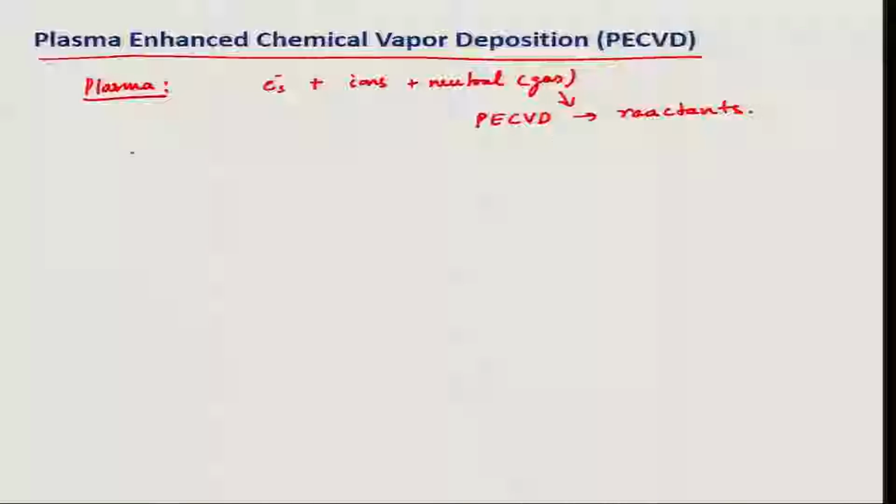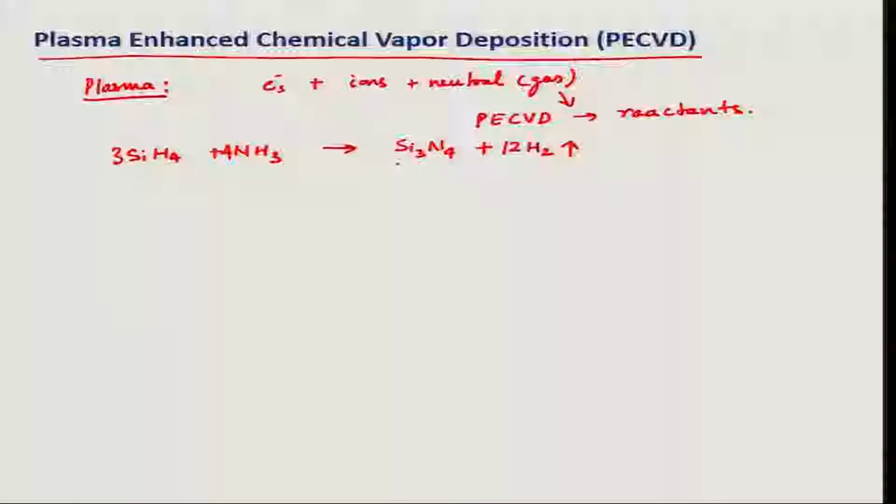So, suppose we are using SiH4 plus NH3 to form Si3N4, and 12H2 gas.